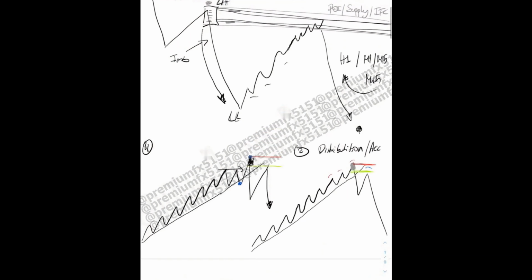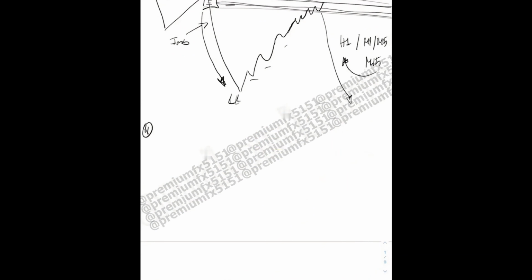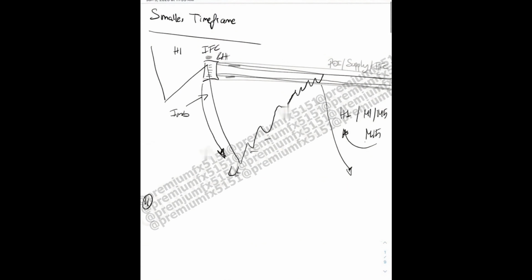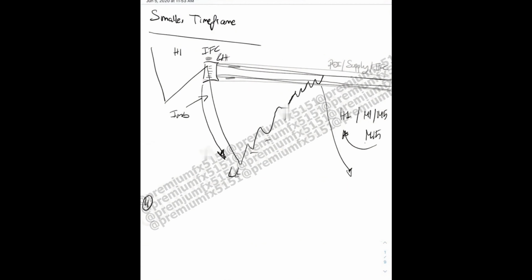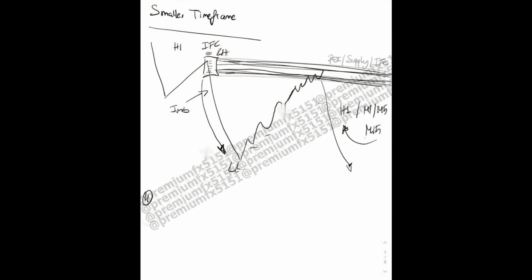So perfect. These are the 4 examples that we are going to be using on a smaller time frame. And again, just to repeat, this is what we're going to be looking at when we have different points of interest inside an IFC candle. I will show you now examples in the graph. How the market, when it comes to this point of interest, which one do we choose?